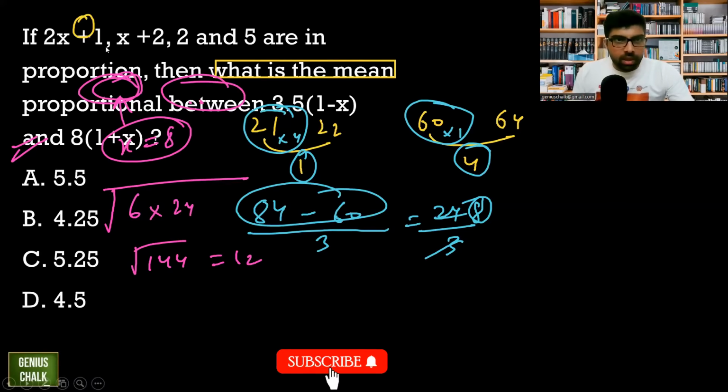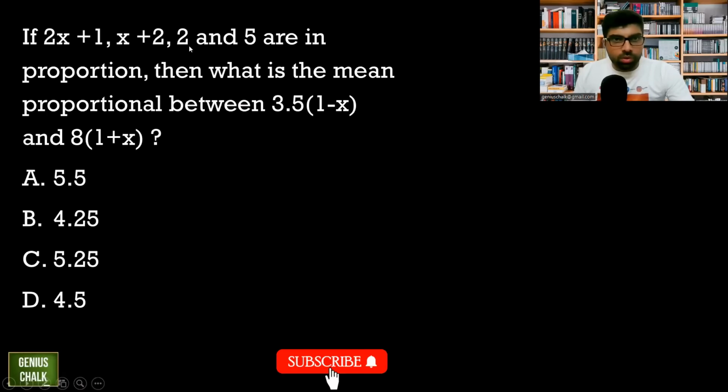Similar type: 2x plus 1, x plus 2, and these numbers are in proportion. So find the mean proportional between these. If they are in proportion, what happens? The ratio of these two must be equal to the ratio of these two, or the first and the last product is equal to the second and the third.